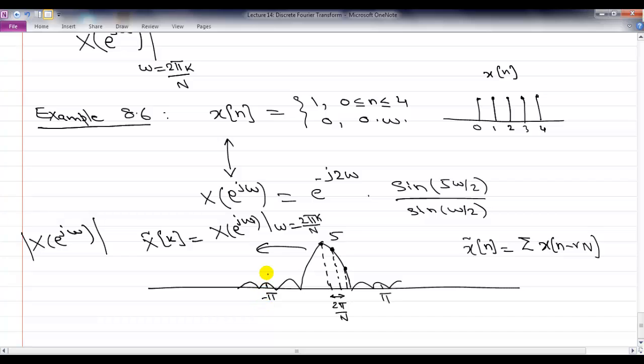Okay? So there is an intimate relationship between the discrete Fourier series coefficients of a periodic sequence and the discrete time Fourier transform of the principal period of that sequence.